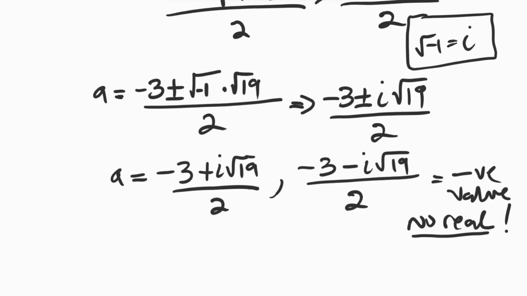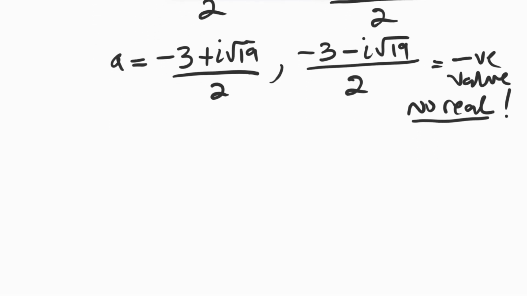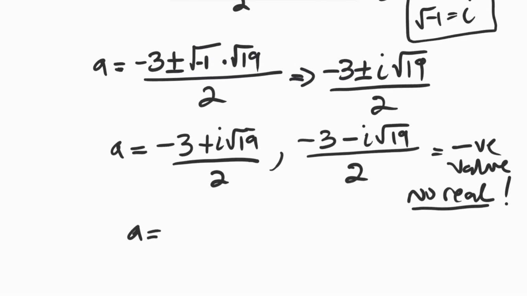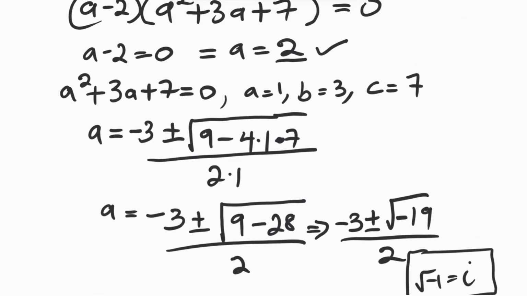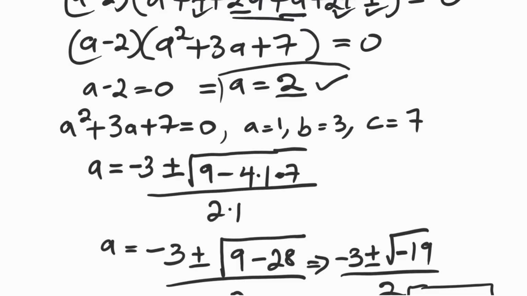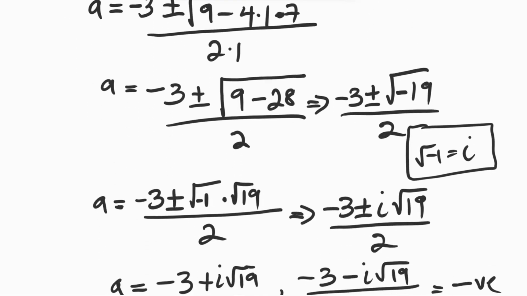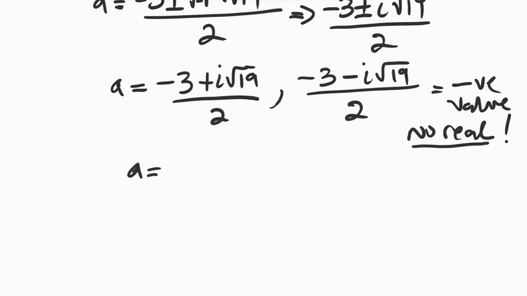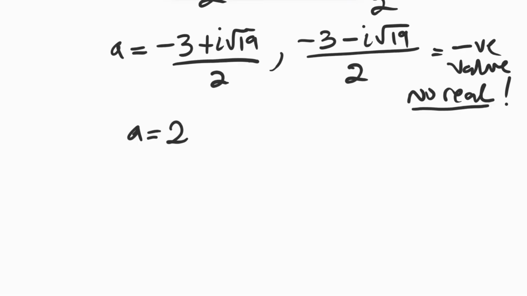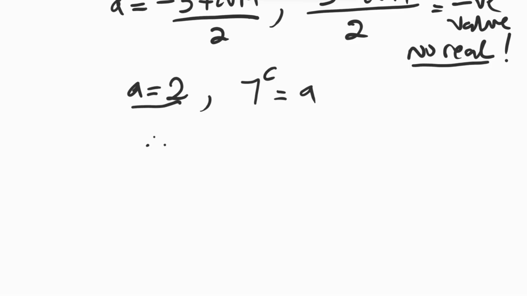So what we'll now get to use is the first one, where we have our a being equal to 2 right here. So our a is equal to 2. Well, we know that initially, if we recall, we said 7 raised to the power c is equal to a. Now our a is 2, so therefore we have that 7 raised to the power c is equal to 2.